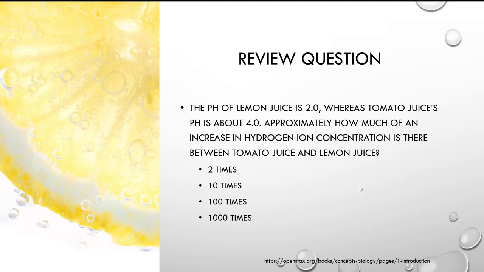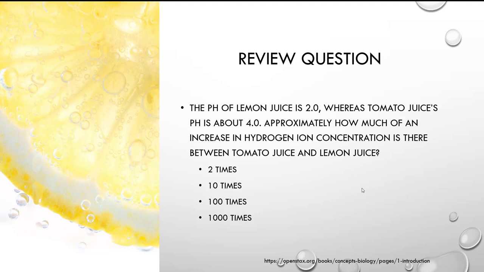And then finally, we didn't really talk about this, so let's do it now. The pH of lemon juice is 2.0, whereas tomato juice's pH is about 4.0. Approximately how much of an increase in hydrogen ion concentration is there between tomato juice and lemon juice?